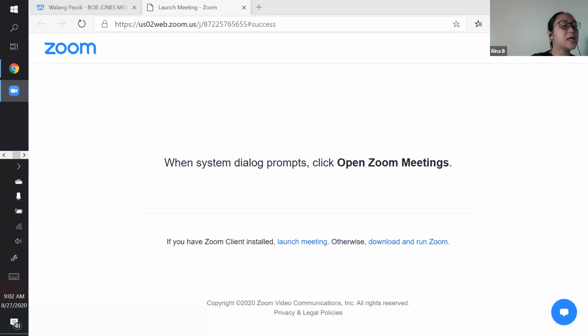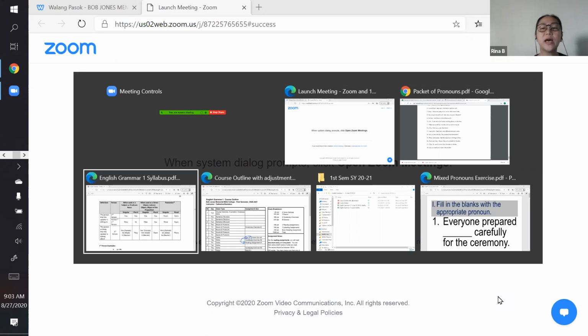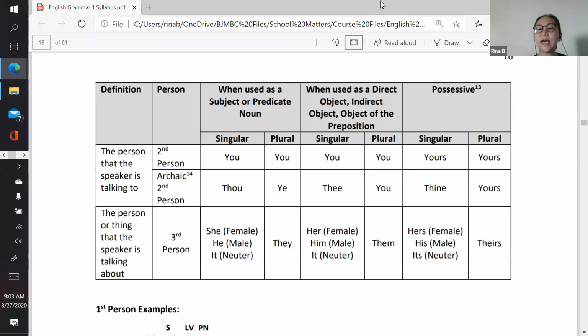So today, we will continue with our topic from last time, no? And we had started talking about pronouns, right? And we said pronouns are words that actually can replace nouns.